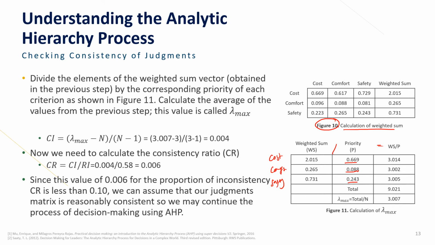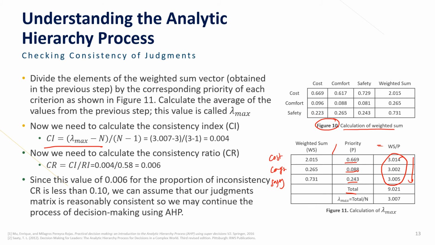Okay, and then these three values, in order to get the lambda max, as you remember, the consistency index is lambda max minus n. So you need to sum it first. This total equals 9.021, and then you divide this total by the number of criteria that you have. This will be equal to the lambda max.